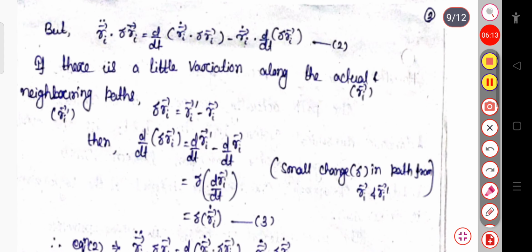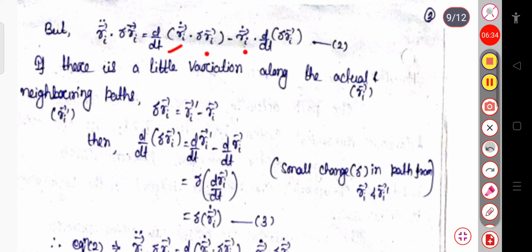But here r_i double dot · δr_i is equal to d/dt of (r_i dot · δr_i) minus r_i dot · d/dt of δr_i. If we take the first derivative of this expression, there are two functions: the first is u, this one is v.